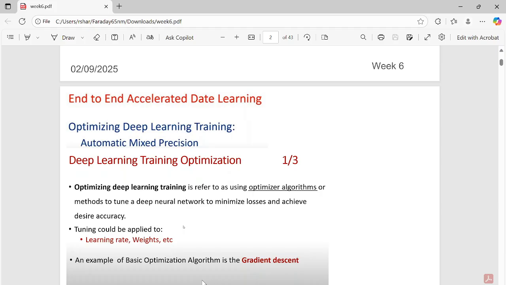It's an optimization algorithm which is used during the training of a deep neural network to achieve the goal of reducing the loss to a minimum.